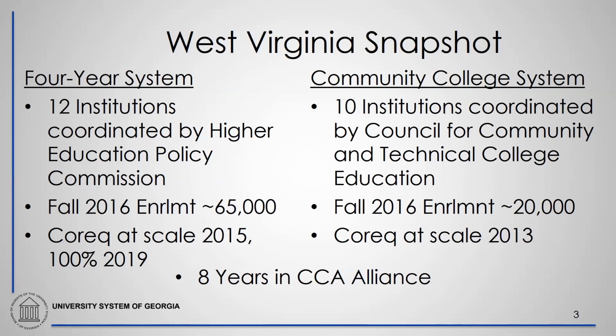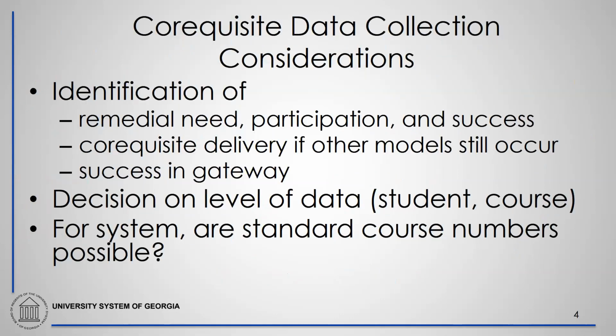The community college system actually pioneered that work in West Virginia. They are 10 institutions coordinated by the Council for Community and Technical College Education, with enrollment of about 20,000 students, and they went to corequisite at scale all the way back in 2013. And West Virginia as a whole has been in the Alliance for 8 years.